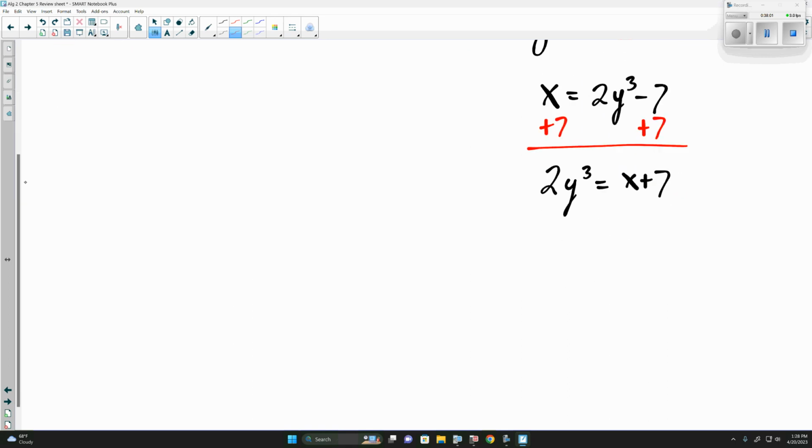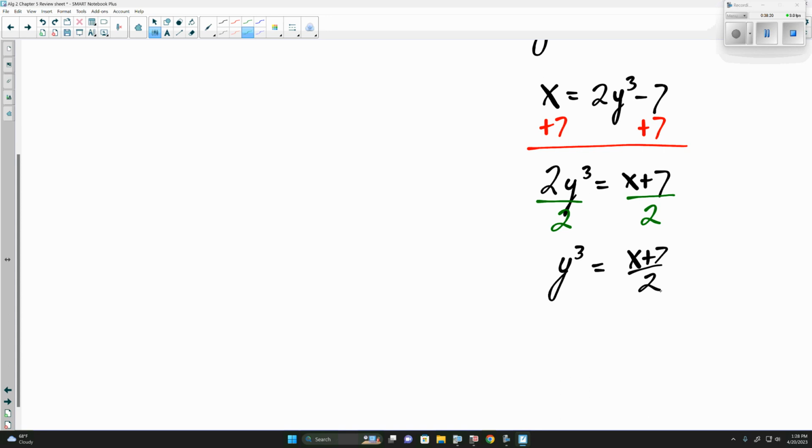I would do the easier steps first. I would divide by 2. I try to get everything done with addition, subtraction, and then multiplication, division before I deal with exponents or radicals.